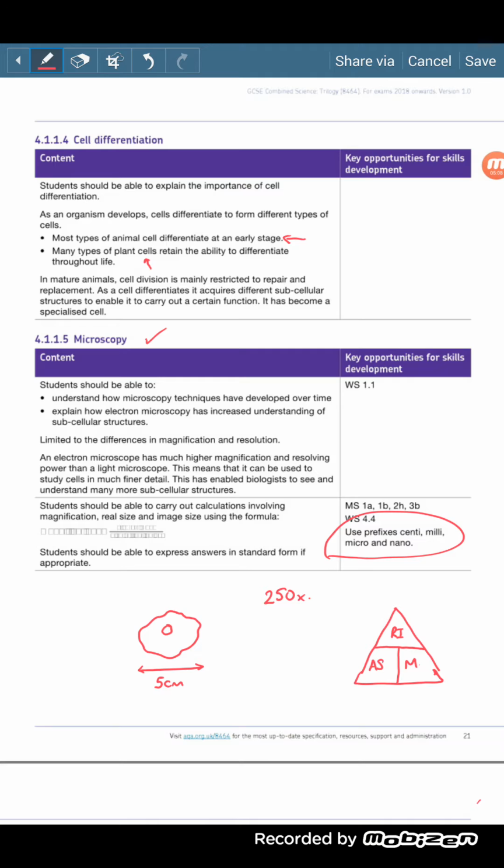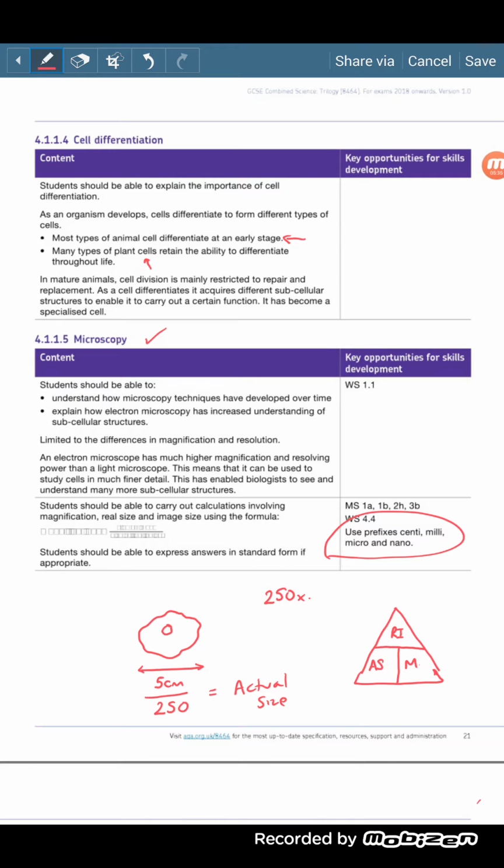We would take that 5 centimetres, which is the image size that we see, and divide it by the magnification in order to get the real size. So 5 centimetres divided by 250 will give us the actual size. And we would then need to manipulate this triangle. If they gave us another value, they might give us, for example, that the size of a cell is 50 micrometres.